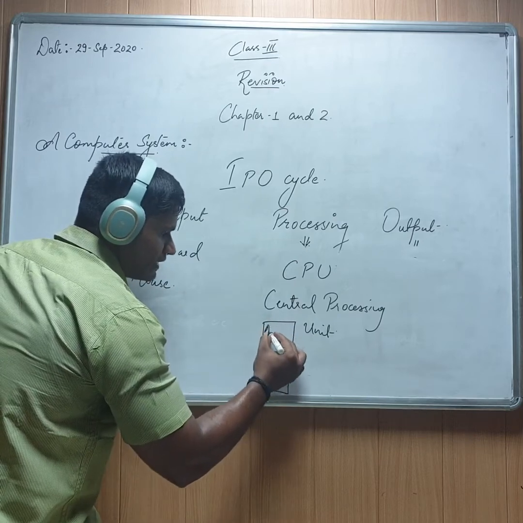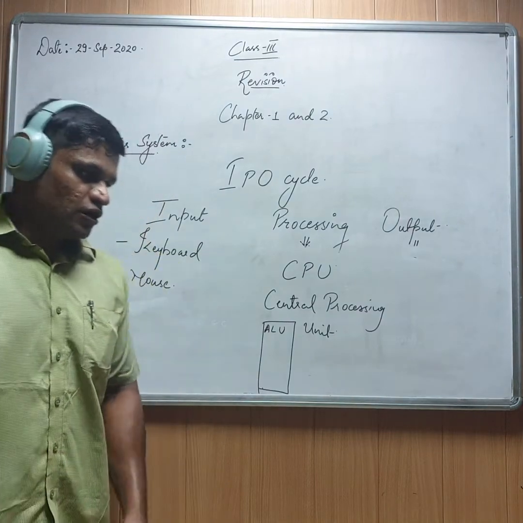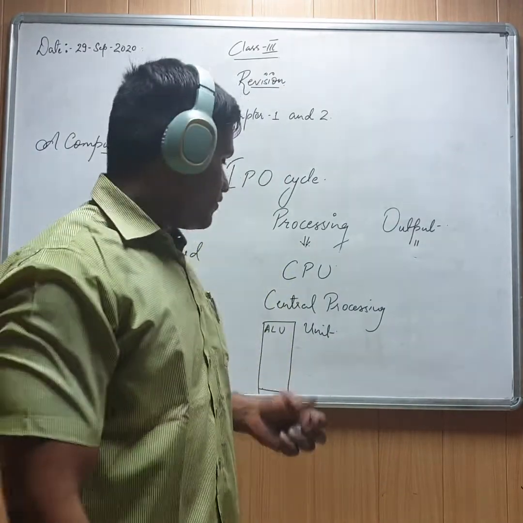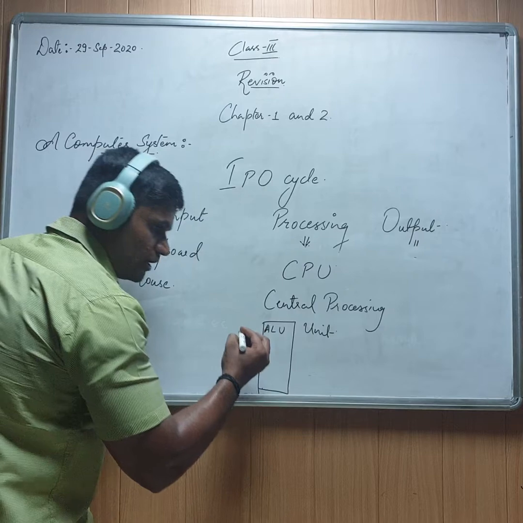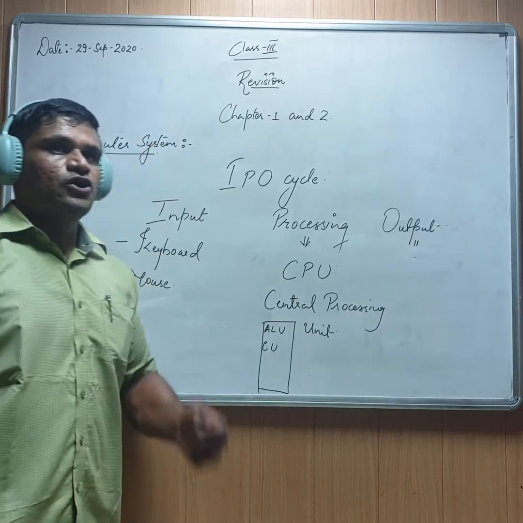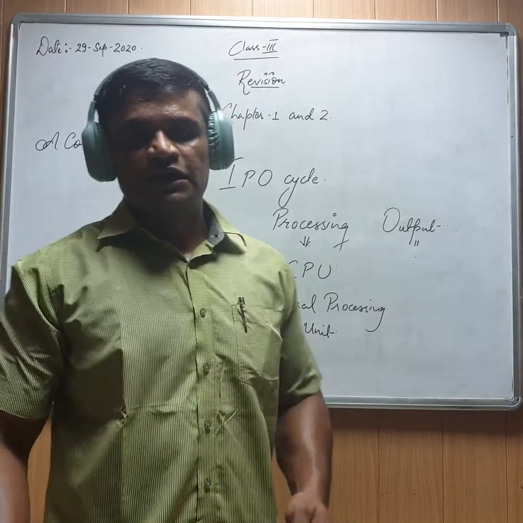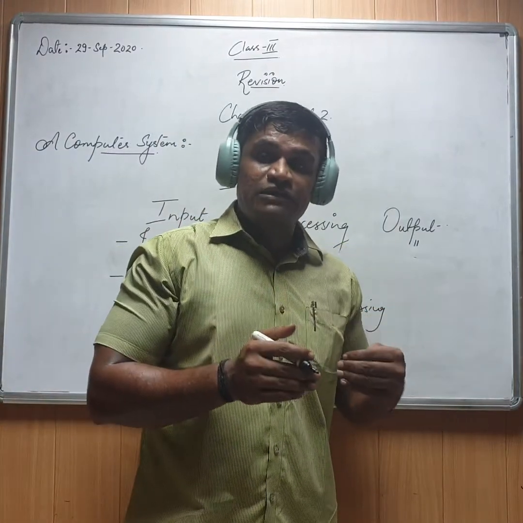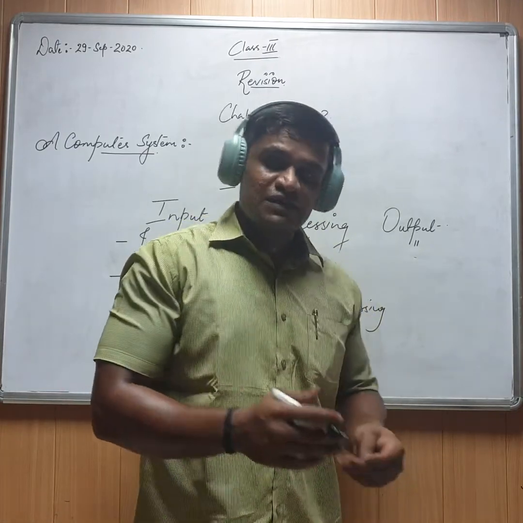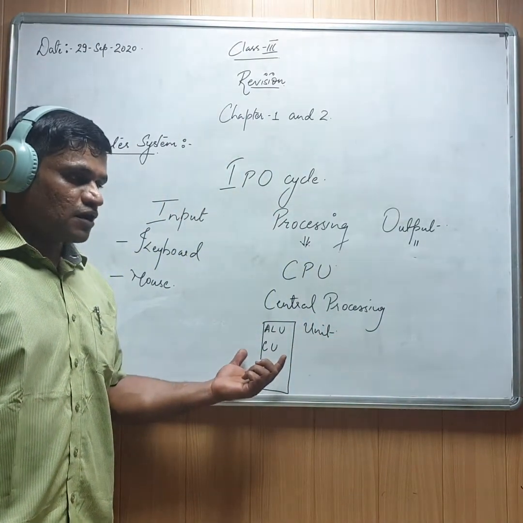One is the arithmetic logic unit, known as ALU, which does calculations like addition, subtraction, comparison, and all. Secondly, we have the control unit, CU, which controls all the working of the computer: when or where we have to receive the data, from where we have to take the value. What part has to be processed and what has not to be processed is all controlled by the control unit.